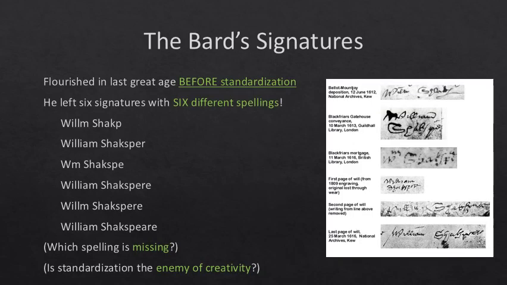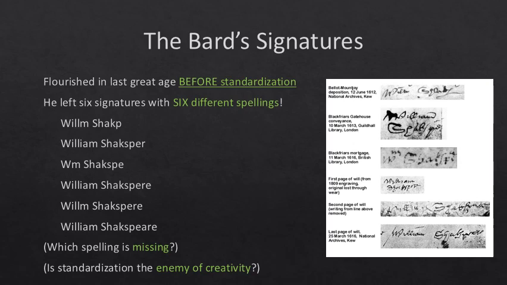So, the Bard's signature. We have his signature in 6 legal documents that we are pretty sure are his. And the point I want to make by bringing you to this rather specific observation is that standardization had not yet happened as Middle English is turning into modern English.